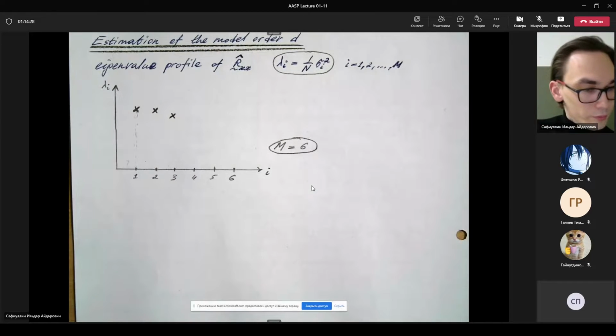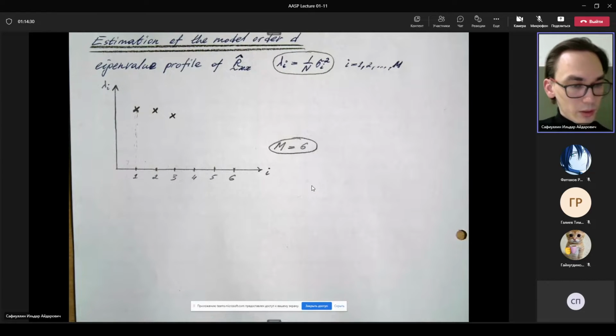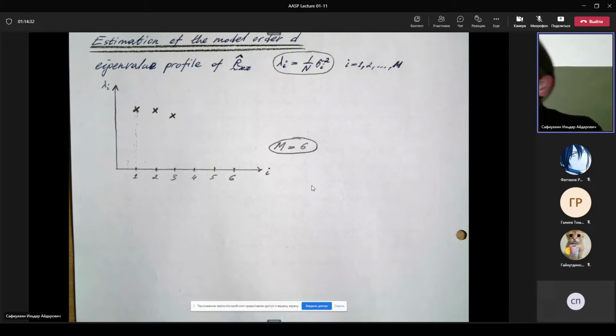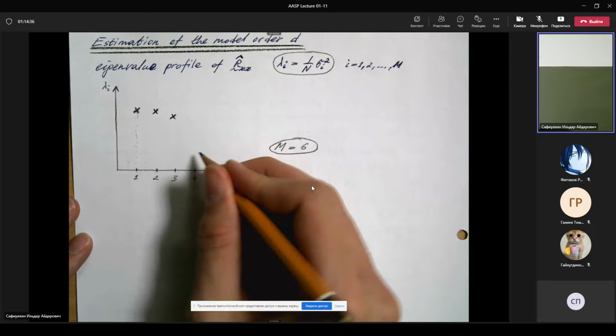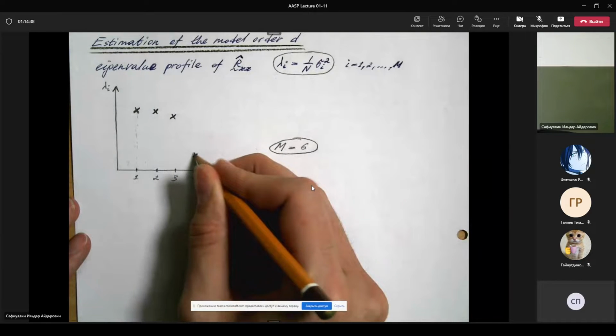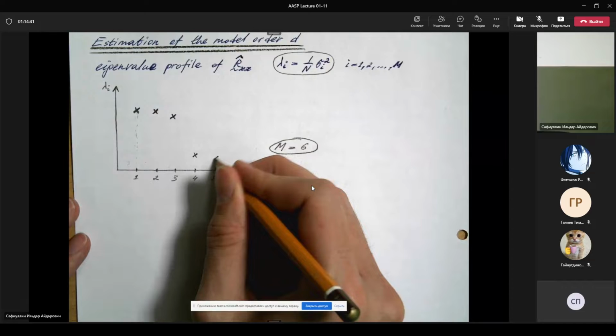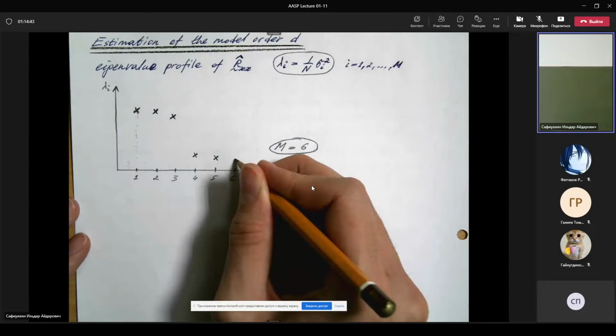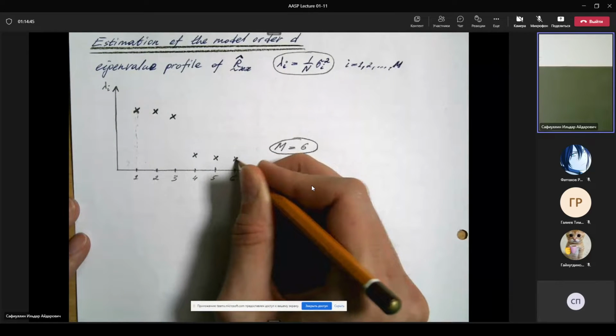And here, for the fourth, fifth, and sixth, we have really low eigenvalues, something like this one, and this one.